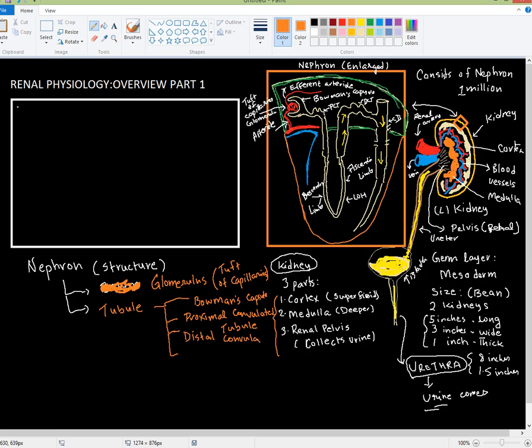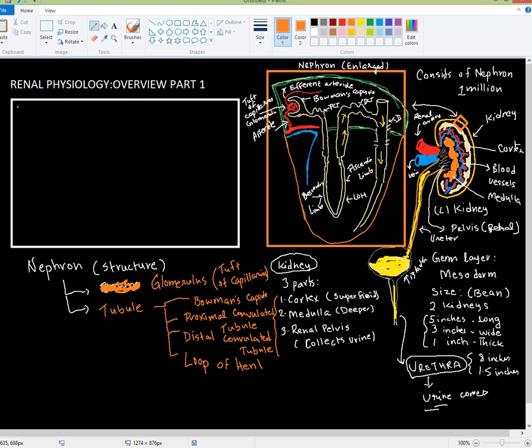These are the tube shaped structures. And then the last structure is loop of Henle. Actually, I should have put number 3 loop of Henle according to the diagram, but it's okay.